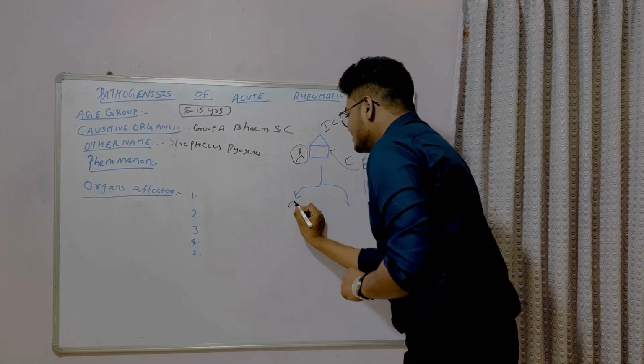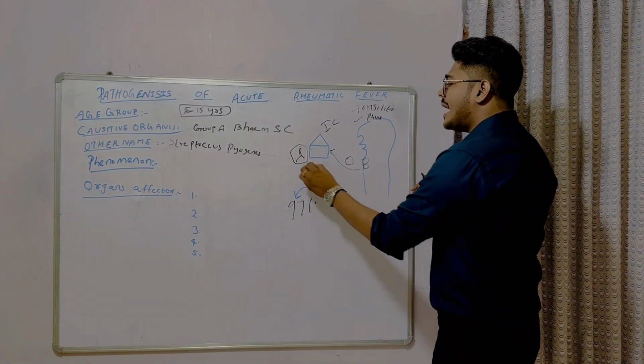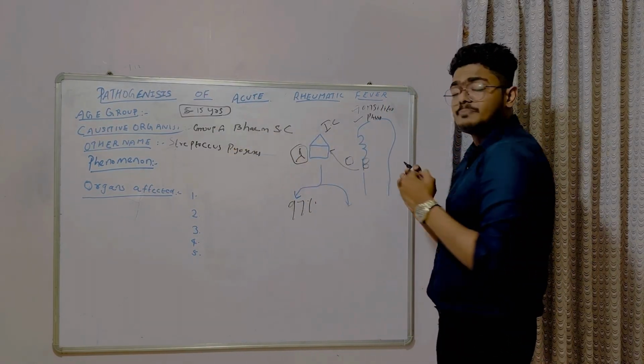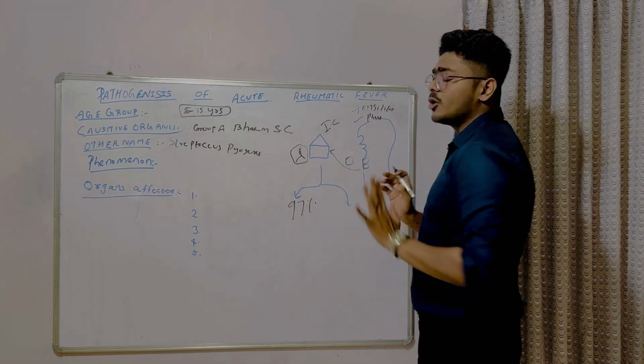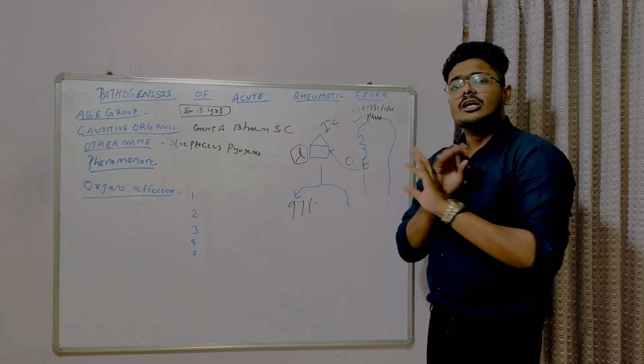Now, in 97% of the lucky population, everything is going to be normal, where the antibodies produced against Streptococcus pyogenes are going to be affecting the Streptococcus pyogenes, killing the Streptococcus pyogenes, and the tonsillitis or pharyngitis will be solved.